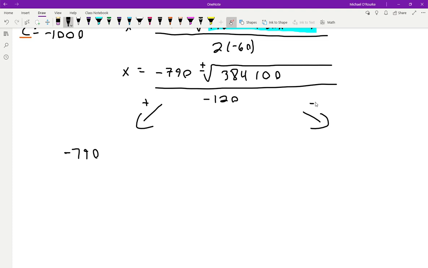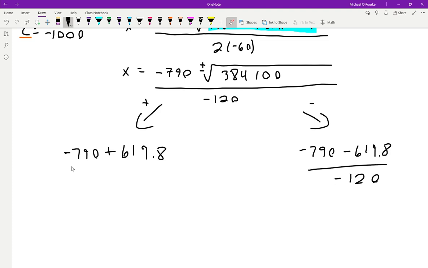And generally, one decimal place should be good unless I ask for more. So this one's going to be plus 619.8. This one's going to be negative 790 minus 619.8, divided by negative 120. I want you to write one of those two numbers into the chat, whichever one you got. What's your two answers?